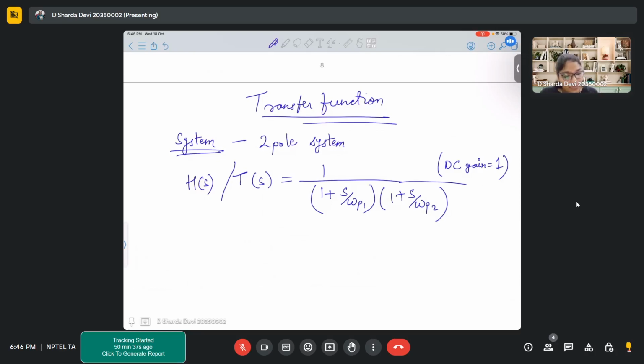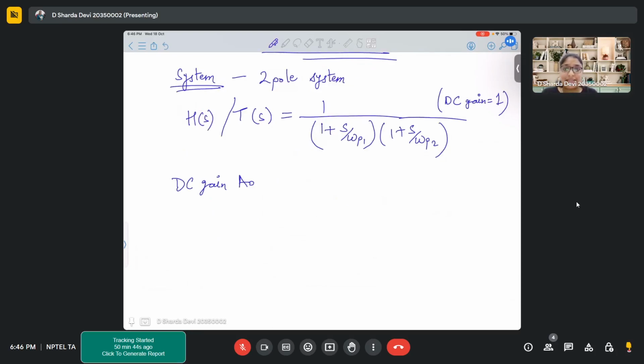Now for a DC gain of A naught, which is already given, the transfer function will be A naught upon (1 plus S upon omega P1)(1 plus S upon omega P2).